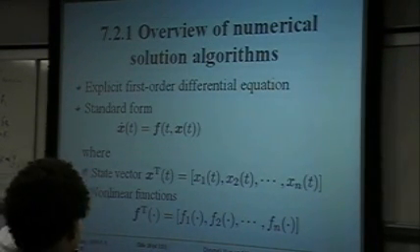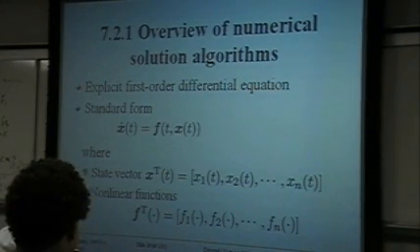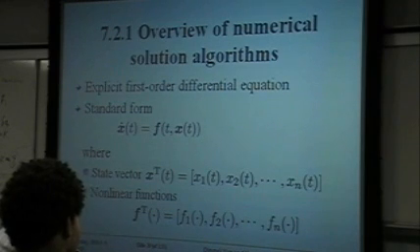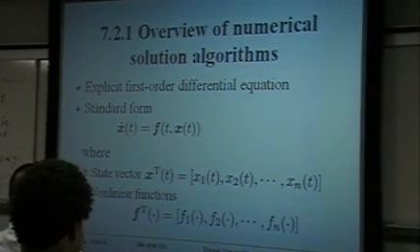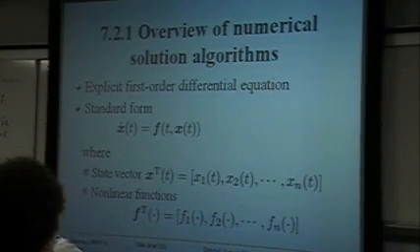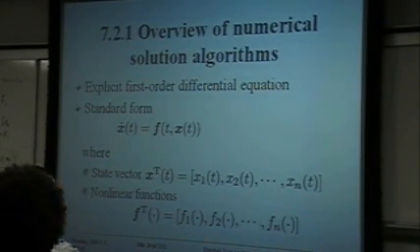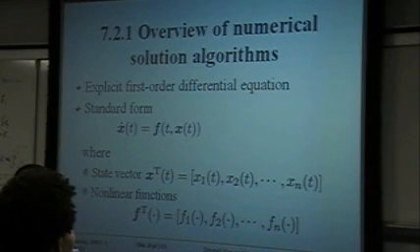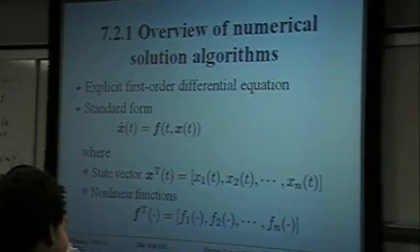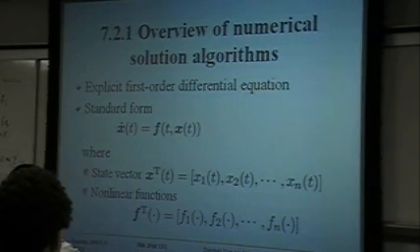Well, if h is very small, we can approximate the first order derivative of x. From the left hand side we have x at h minus x at 0, divided by h, equals f(0, x0). And finally we should have x(h) equals x0 plus h times f(0, x0).